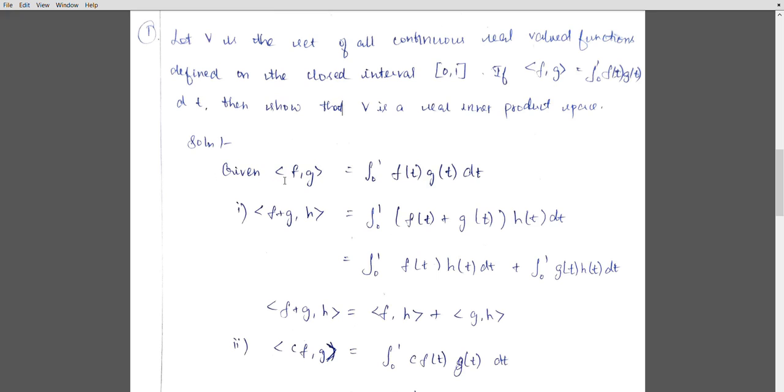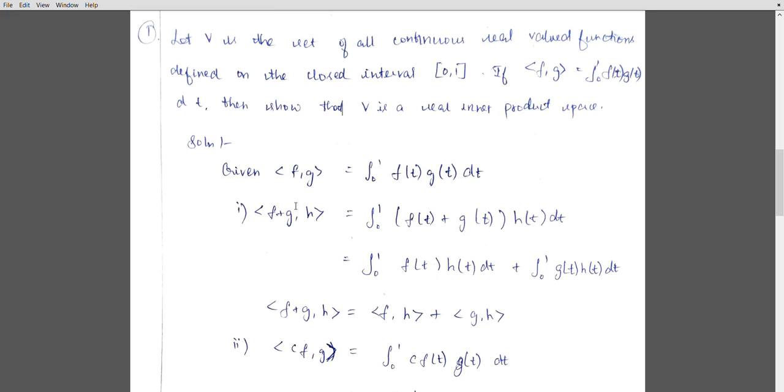Here, given the inner product of f comma g is equal to the integral of 0 to 1 f of t g of t dt. The first property is the inner product of f plus g comma h, which we can prove by the integral of 0 to 1 of f of t plus g of t, multiplied by h of t, dt.